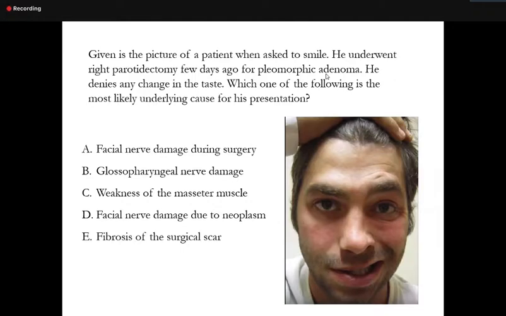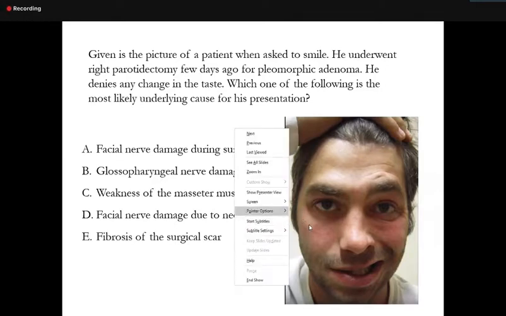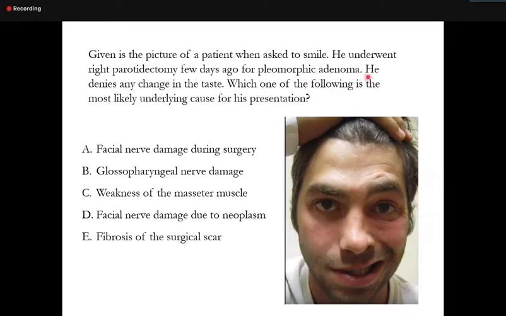A few days ago for pleomorphic adenoma. So pleomorphic, I will explain, is a benign tumor because it is adenoma. So it is a benign tumor of the salivary gland. He denies any changes in the taste. Which one of the following is the most likely underlying cause of his presentation?